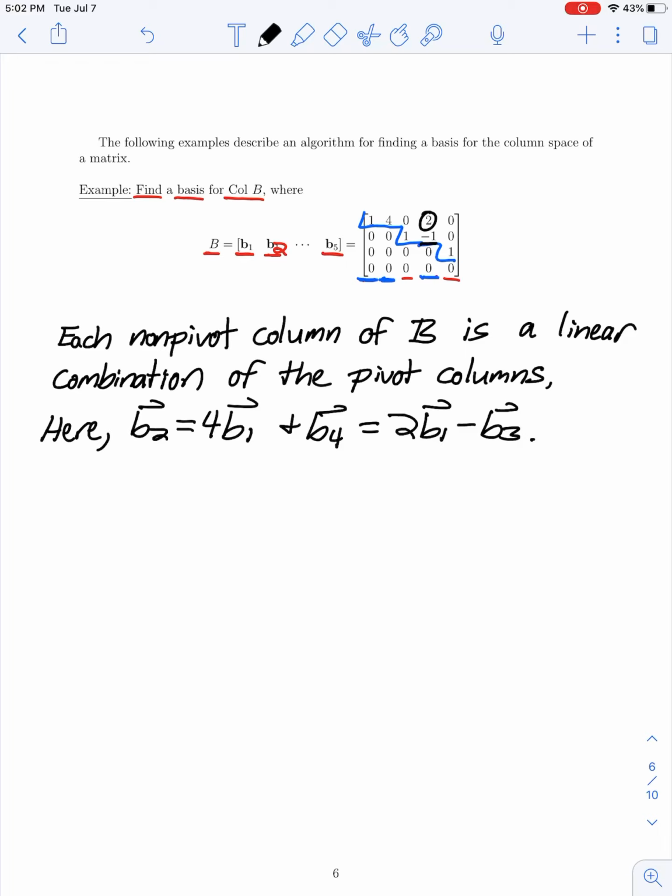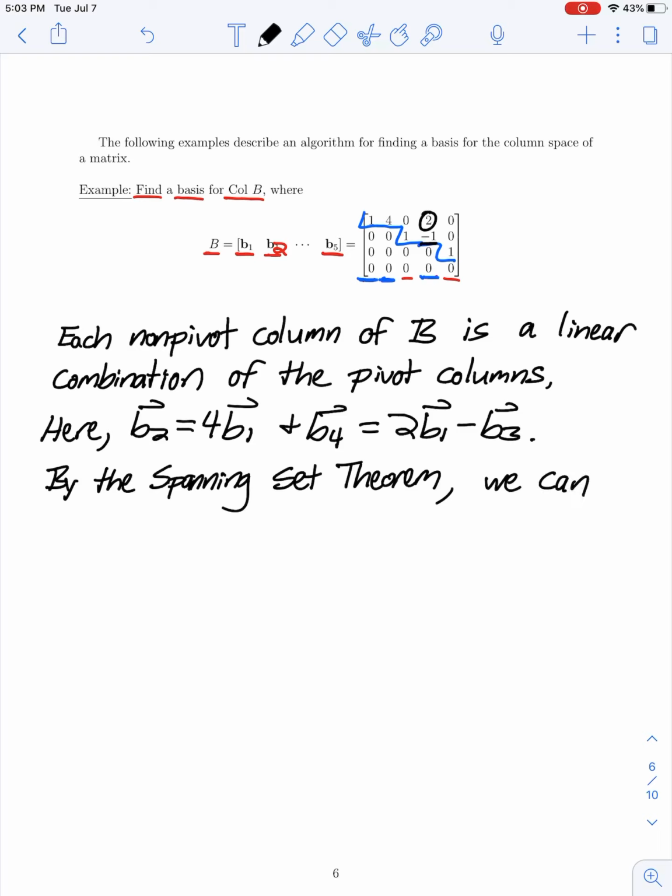So, by the spanning set theorem, I have a set of vectors, namely the column vectors of B, B1 through B5, which span the column space of B by definition, but 2 of those vectors can be written as linear combinations of the others. Now, the spanning set theorem said that we can then discard those vectors, which are a linear combination of the others.